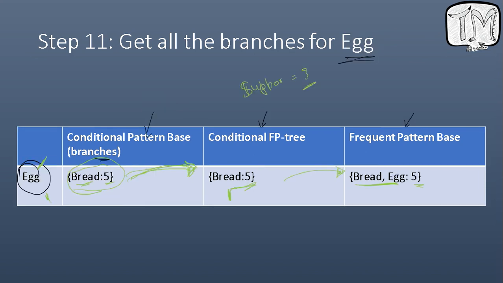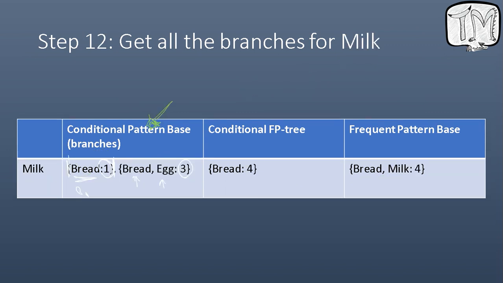In the previous step we just copied the items from here to here. But now, when copying data from here to here, let's look at bread. Bread is available in both the item sets, it is here and it is here. But egg is in the second branch and not in the first.